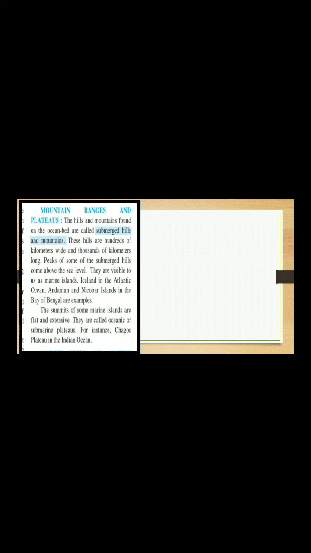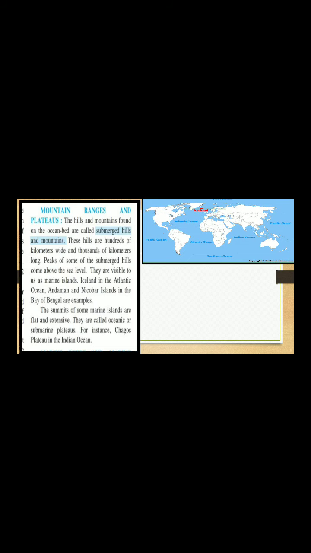Peaks of some of the submerged hills come above the sea level. They are visible to us as marine islands. Here I want to show you a world map picture. Please observe the red color letters.